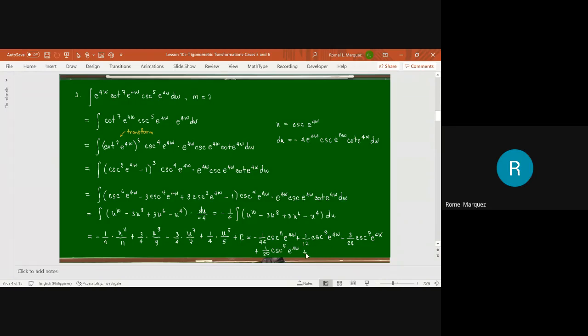Then plus c. Could you please check my answer? If I missed something, did I copy everything correctly and replace u by its proper value or equivalent, guys?